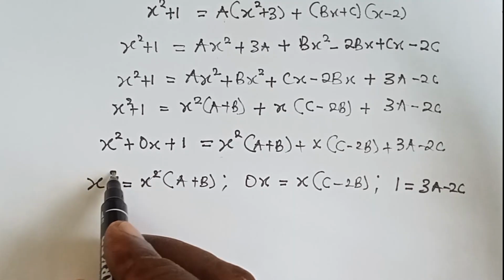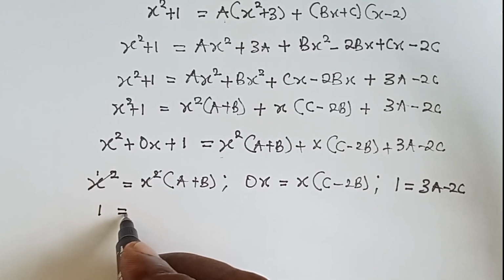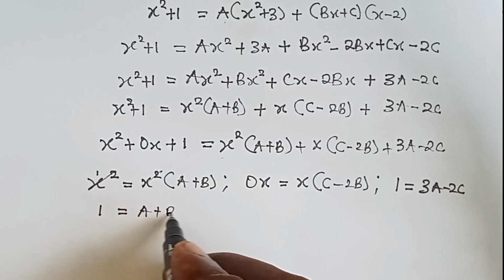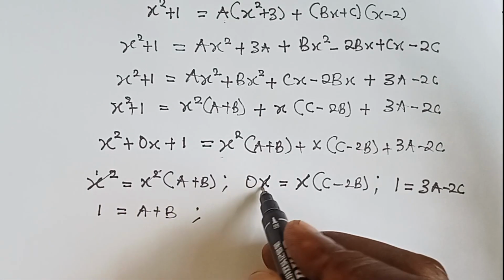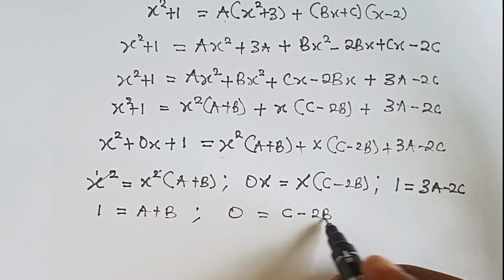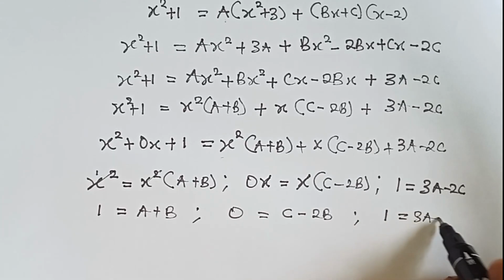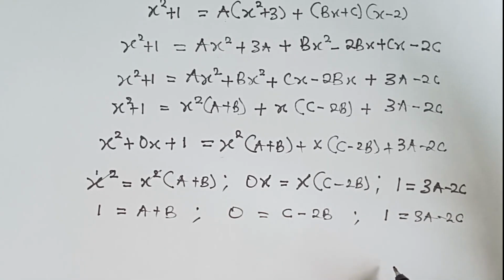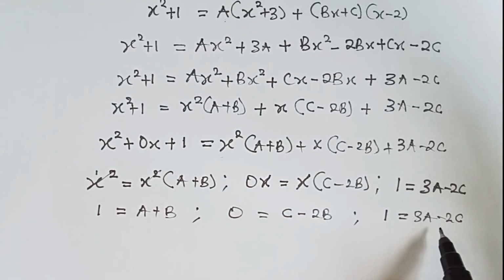Okay, now we can divide. x squared here is 1, x squared is 1, so we have here 1 equals to a plus b, and then this x cancels x, so we have 0 equals to c minus 2b, and the last one we still have 1 equals to 3a minus 2c. Right, so we say this is equation 1, equation 2, and equation 3.